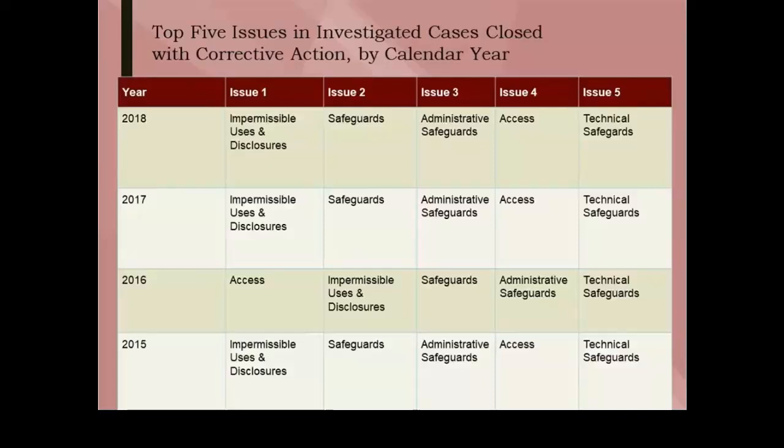You can see number 1, for 3 out of the last 4 years, impermissible uses and disclosures, and then number 2, safeguards, 3 out of the last 4 years. Okay, so really the uses and disclosures, making sure you have that down pat and making sure that you have your safeguards and your administrative safeguards and your technical safeguards in place. These are all easy to get current with, but also easy to forget about.